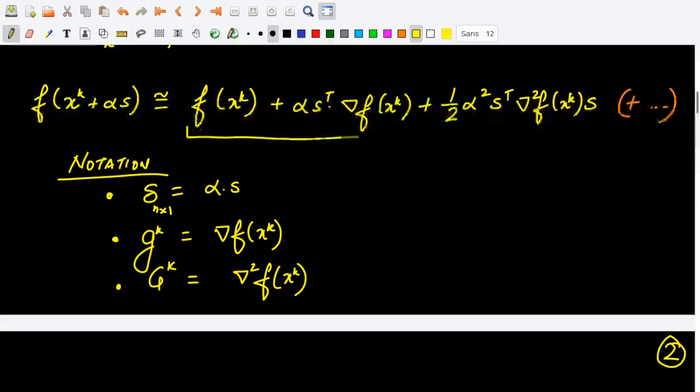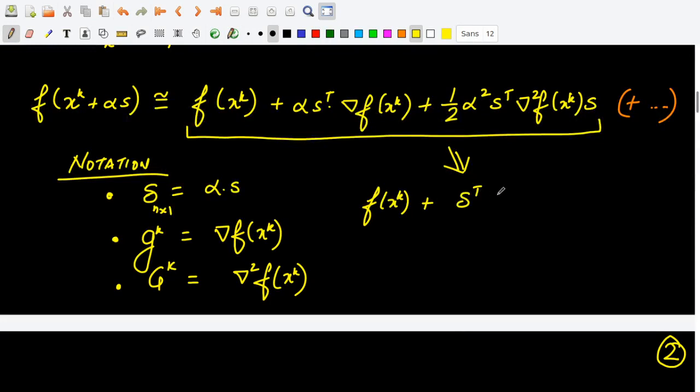So my approximation formula becomes f(x_k) plus delta transpose g_k plus half delta transpose G_k delta. And this is the notation we are going to use in this chapter.